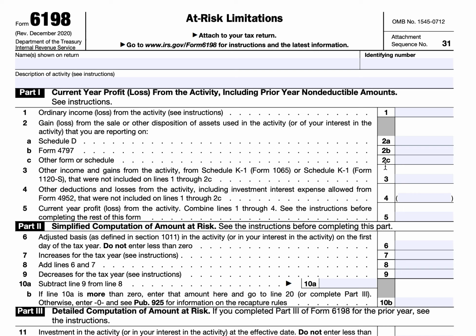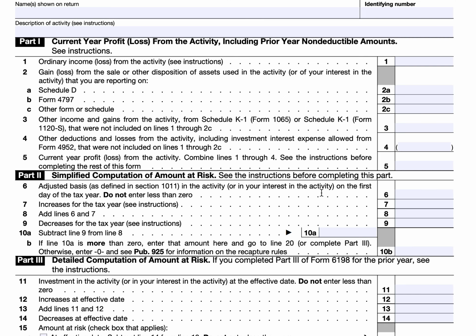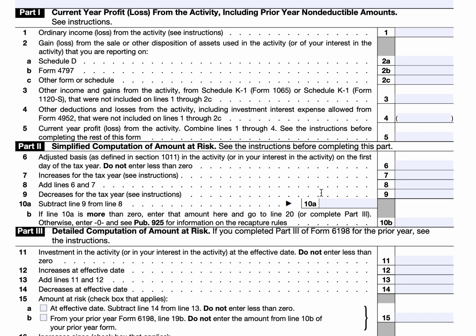So in Part 2, Part 3, you usually would do one or the other. You don't need to do both. You can calculate Part 3 without going through Part 2, and you can use Part 2 as a simplified method for determining your amount at risk, but only if you know your adjusted basis in the activity or in your interest in the partnership.